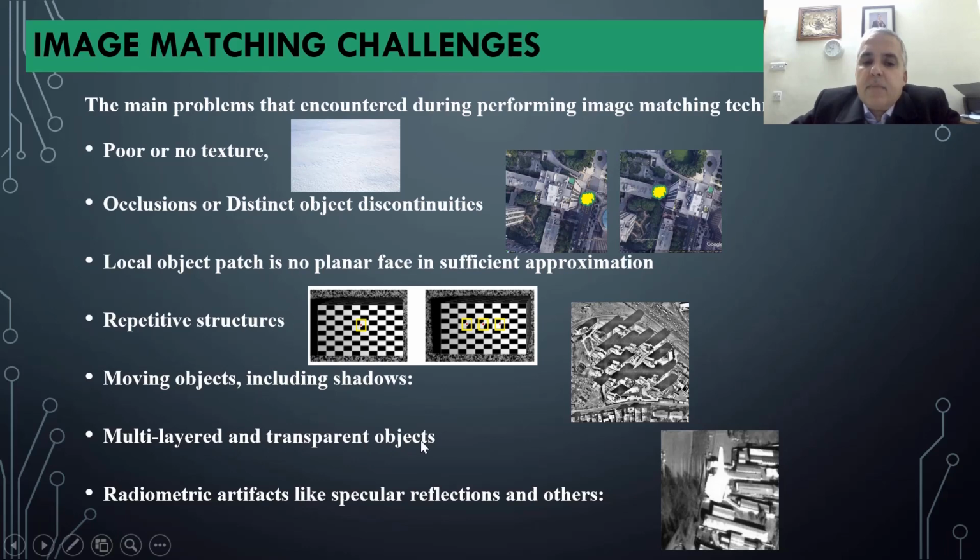Multi-layered and transparent objects will also lead to failure, because of low reflectance it will be difficult to find the corresponding point. And radiometric artifacts like specular reflectance, especially in satellite images, there will be artifacts in the image, therefore it will not be possible to match with the other image.